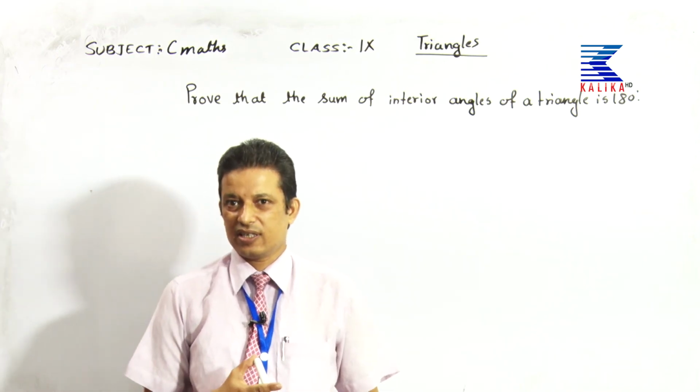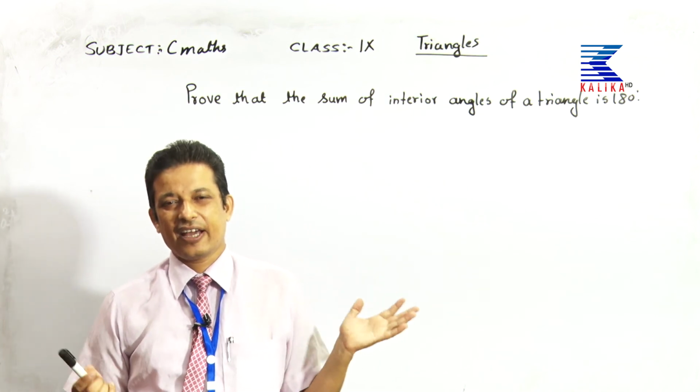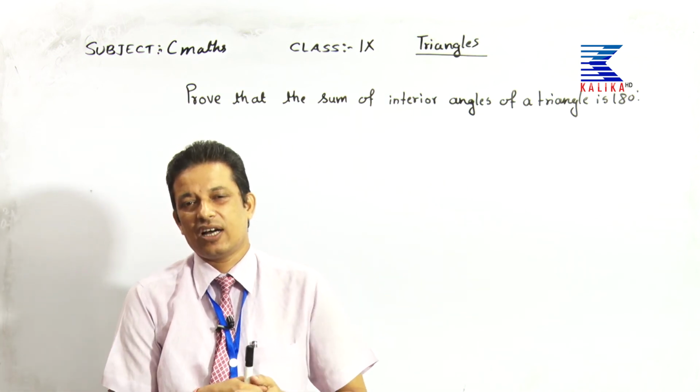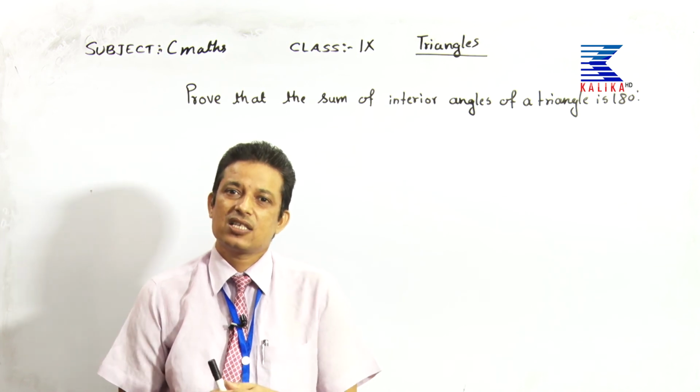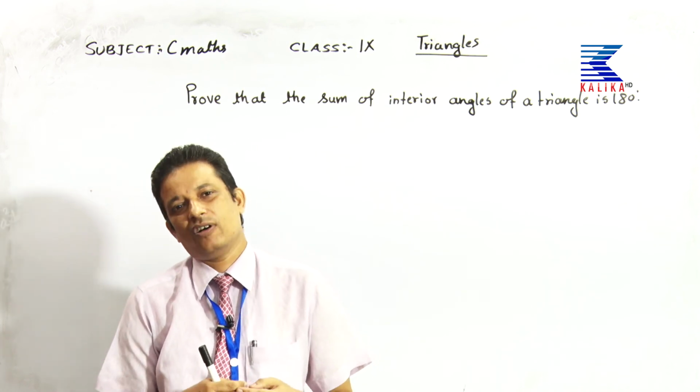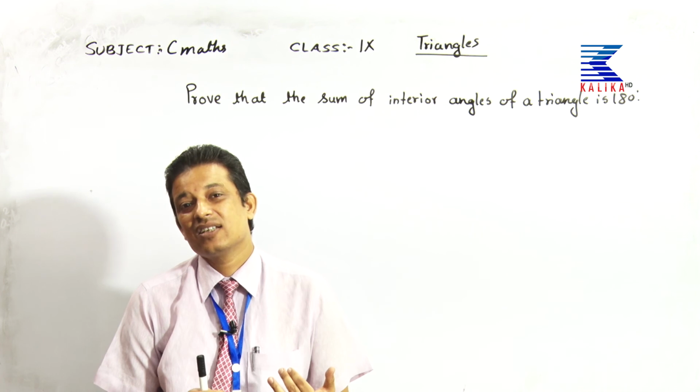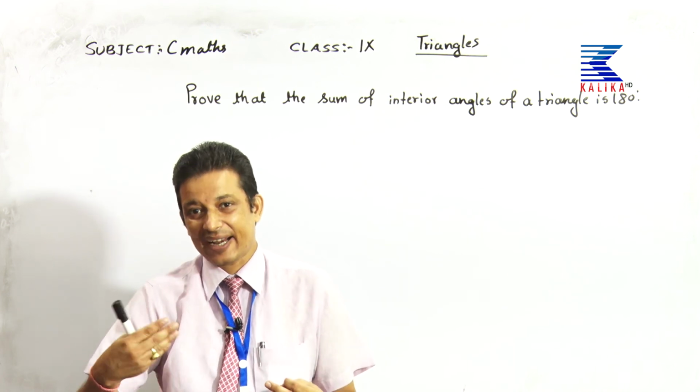In other words, dear student, it can be written as: prove that the sum of interior angles of a triangle is equal to 2 right angles.